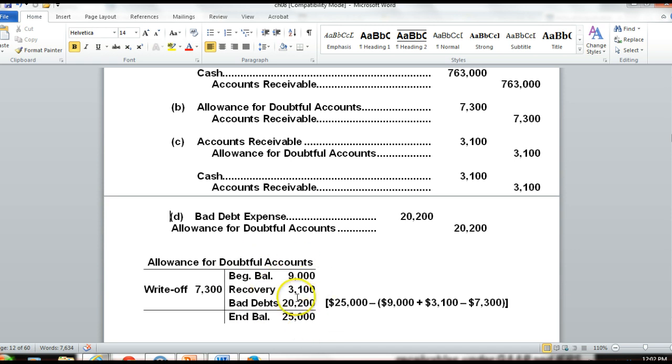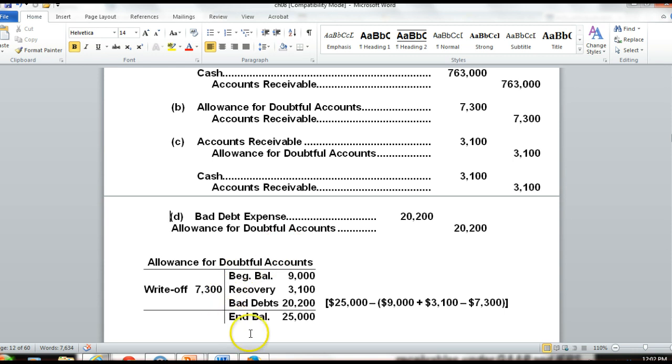We show our balance of $9,000. We show we wrote off $7,300. Then we're going to go back and show we recovered that $3,100. So basically, we're taking these journal entries from above and posting them.